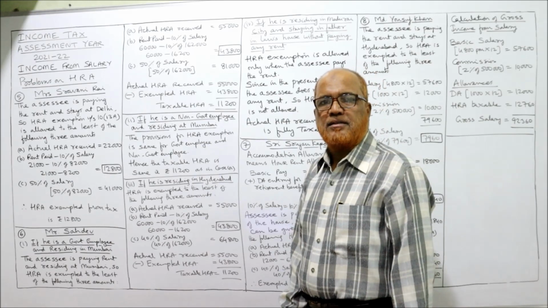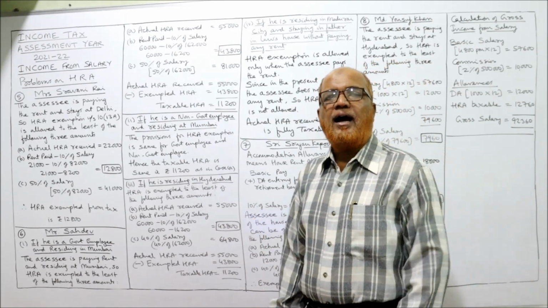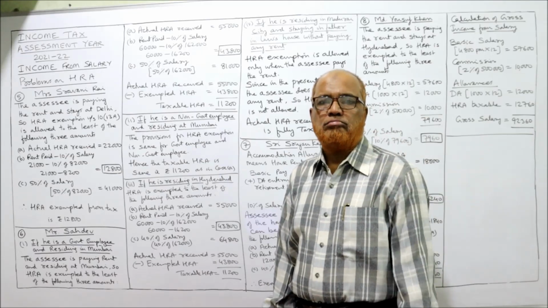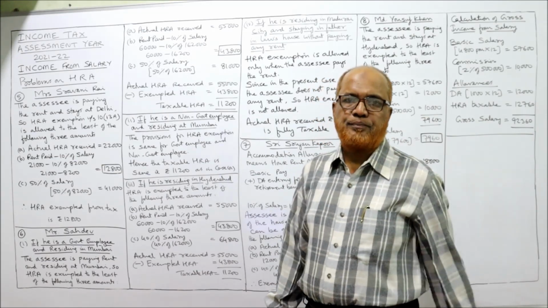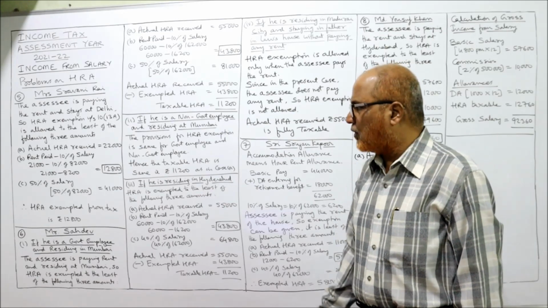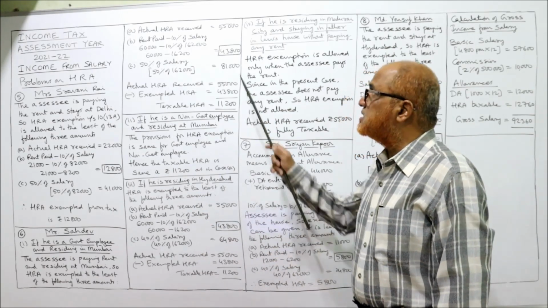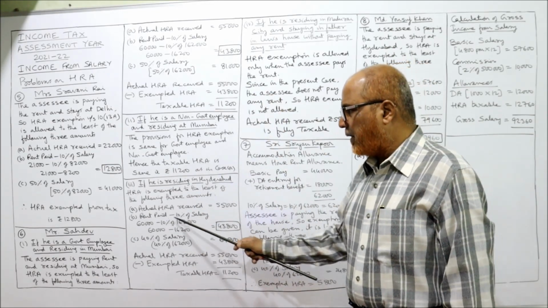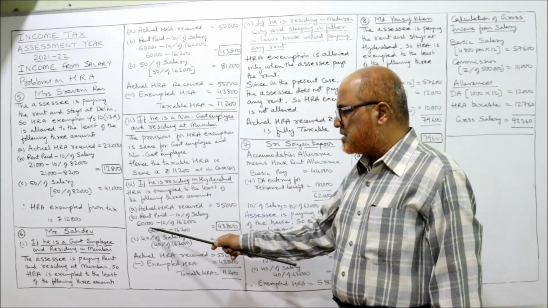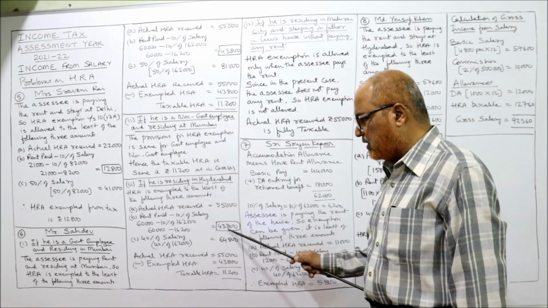Two cases completed. Now the third case, if he is residing in Hyderabad. Hyderabad is another town, other than the four metros. So here we should take 40% instead of 50%. HRA is exempted to the least of the following three. Actual HRA received, 55,000. Rent paid minus 10% of salary: rent paid 60,000, 10% of 1,62,000 is 16,200, so 43,800.